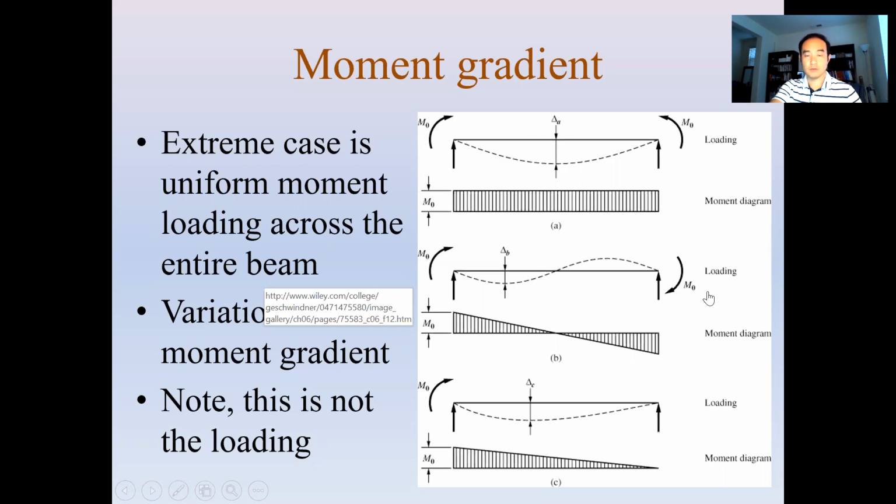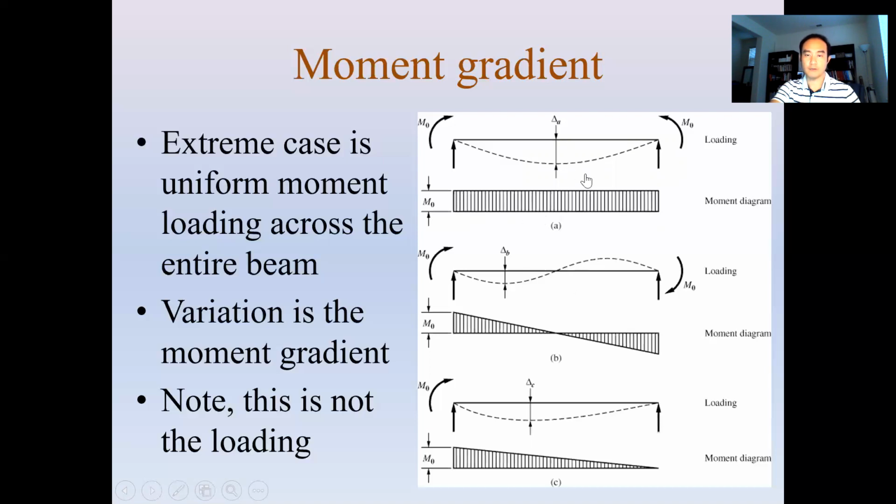When we develop the bending moment diagram, we have a positive jump here, and then along the length of the beam, the bending moment decreases from M naught, going through 0 and down to negative M naught. So in terms of the maximum moment, it is still M naught, but most of the beam is not under that magnitude, while in the first case the entire length of the beam is under the same moment, M naught.